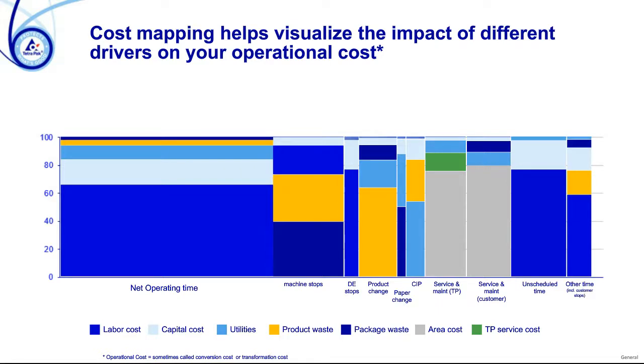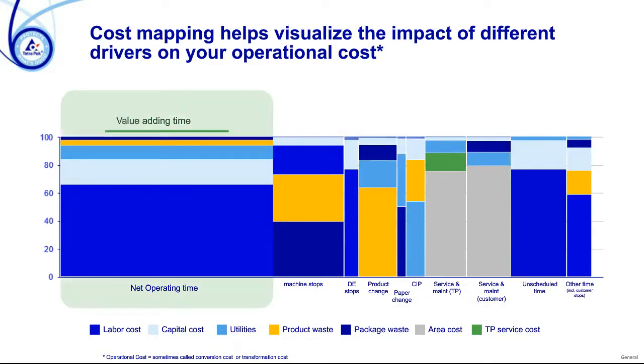So in the chart that you see on the screen here, the horizontal axis is showing you the different activities that are being performed within the operations. And the colored areas are corresponding to how much each of the activities is contributing into each of the cost items.